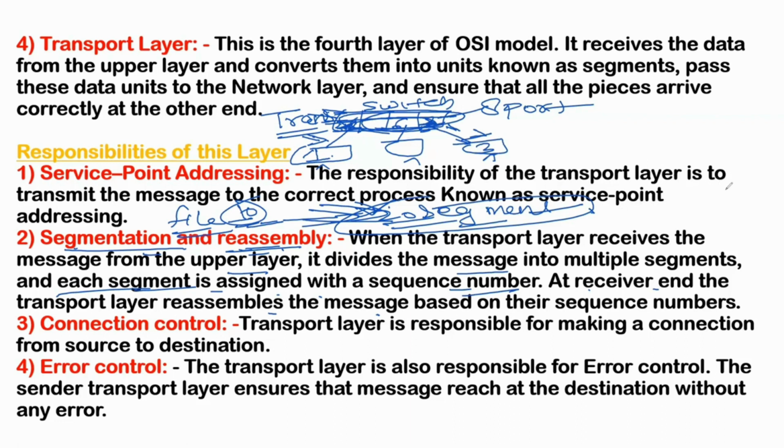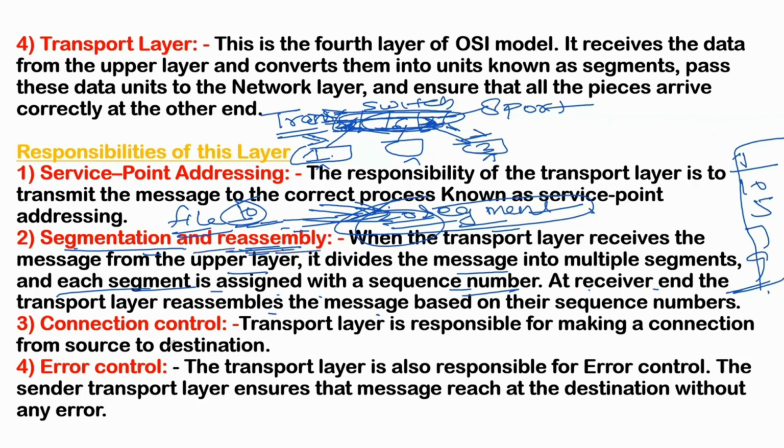Suppose first we have the first segment, and then we have 10, and then 5, then 7, then 9. That can be a scenario, but the transport layer assigns a sequence number, so on the other hand it converts these segments into data by this sequence number, right? So this is the scenario for segmentation and reassembly.